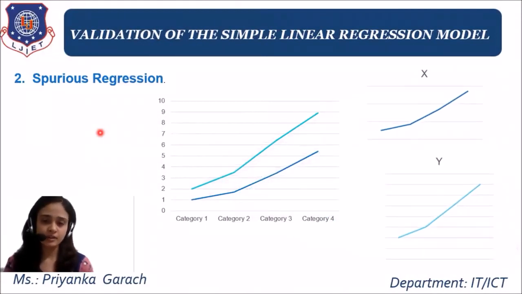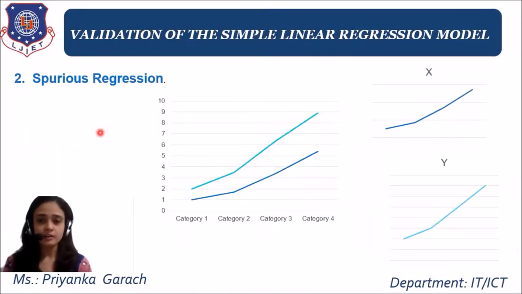Now from this particular graph, I have separated two different graphs: one graph shows only the x value and another graph shows only the y value. We are saying that my dependent variable y is dependent on my variable x. When I separate these two, the x value and the y value, you can see that the shape of the graph is not changing.